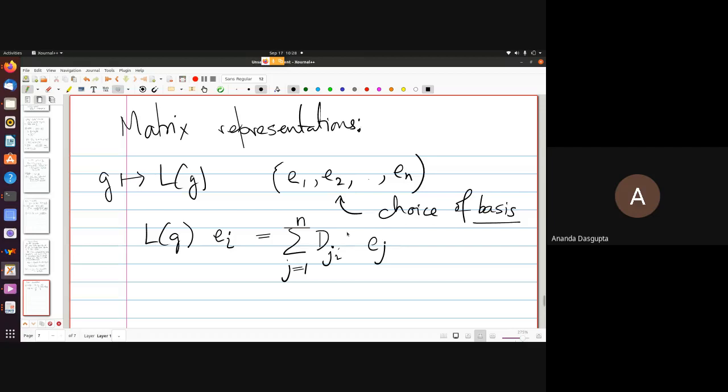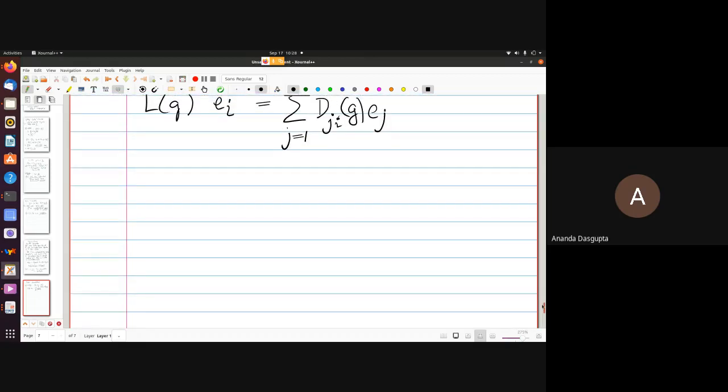This is D_ji, that's the way we write this down. This is very standard in linear algebra, exactly how you define a matrix representation for a given linear operator. The only tricky thing is we don't do it as Dij, we have Dji.